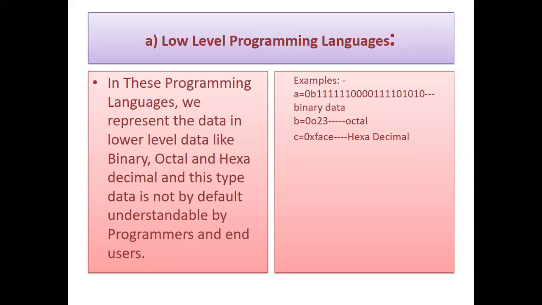A low-level programming language means whatever data we write, whether it is in binary format, octal format, or hexadecimal format, it won't be able to convert it into the decimal format, because decimal format is a format which is understandable by the end user and the programmer.